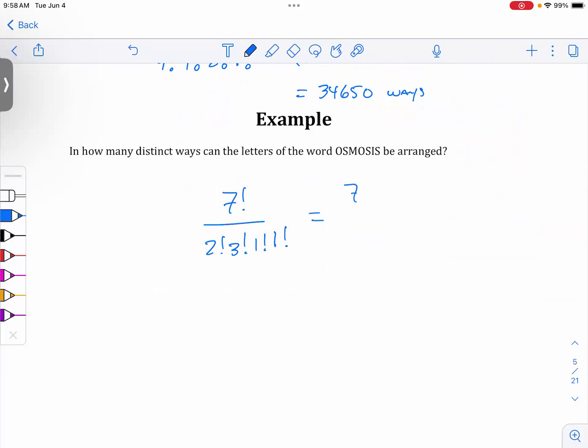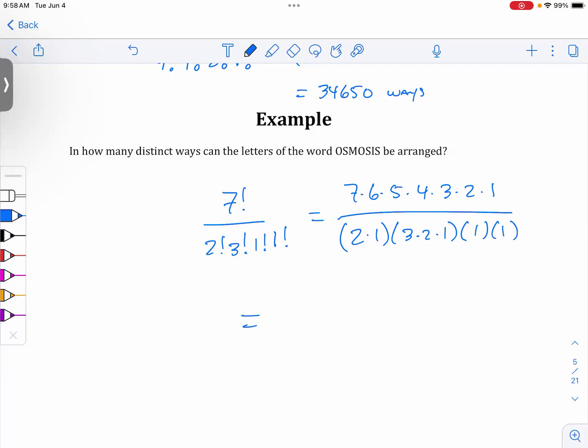And so again, 7 times 6 times 5 times 4 times 3 times 2 times 1. And then in the bottom, 2 times 1, 3 times 2 times 1, and then 1, 1. And then multiply that out, and we should get 420 ways.